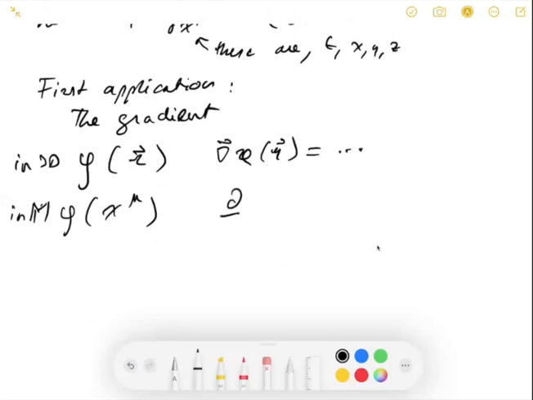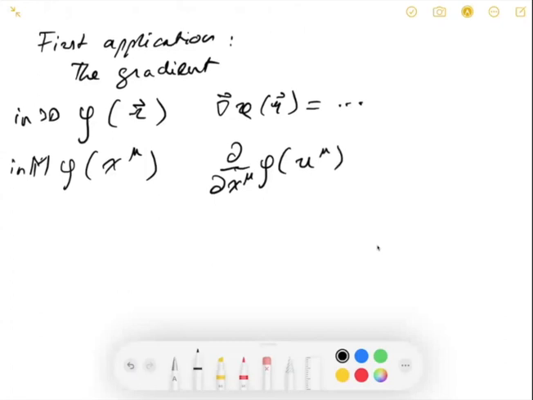No, sorry, the gradient. We could let this operator act on our coordinate system, something like this, and we evaluate it at some position u.